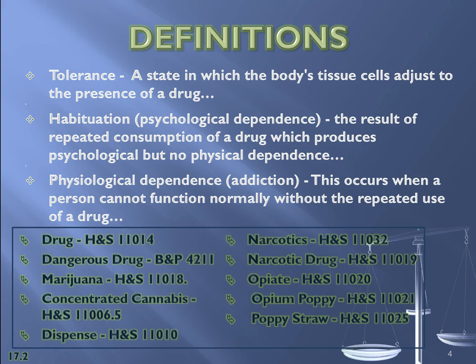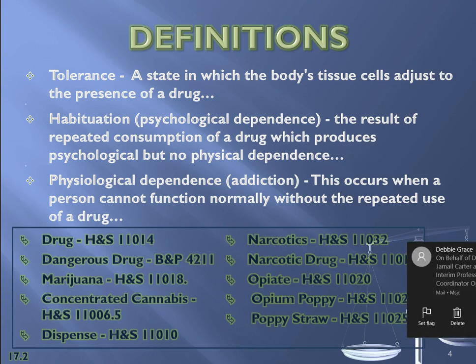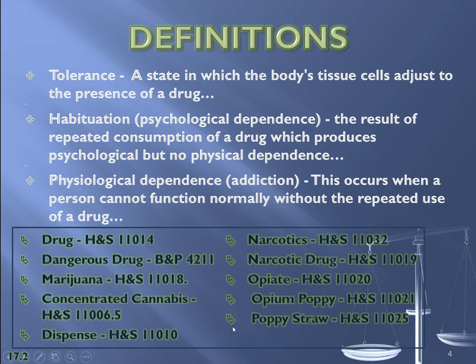Underneath these definitions are some other things that we're not going to go through each one of, but this is where you could actually find the definition if you so desired. So if you wanted to know what the definition of marijuana is, you would go to Health and Safety Code 11018. Or if you wanted to know what concentrated cannabis was, you could go to the Health and Safety Code and look at 11006.5.